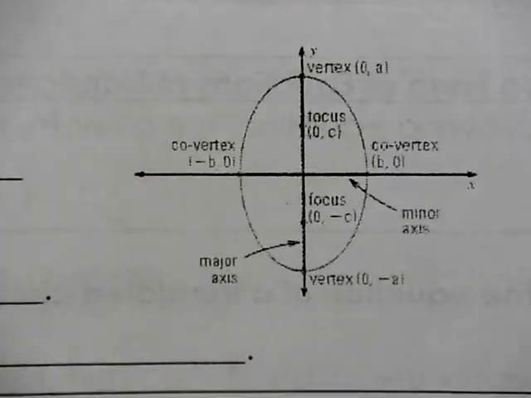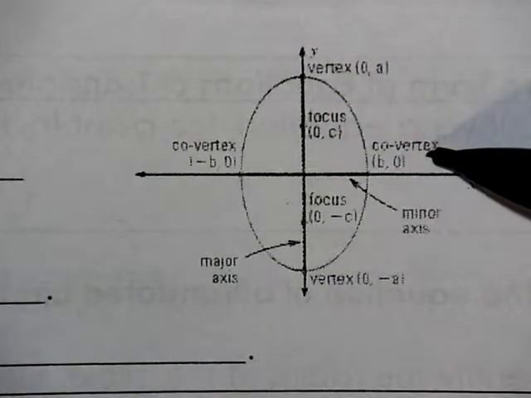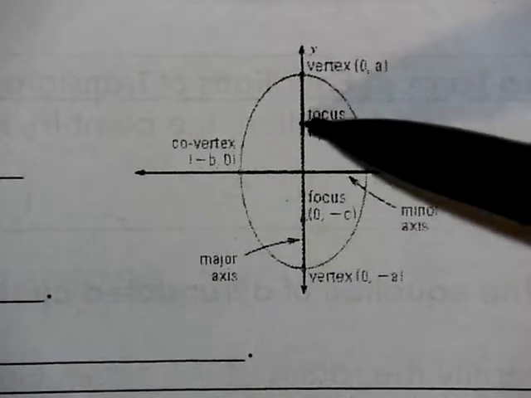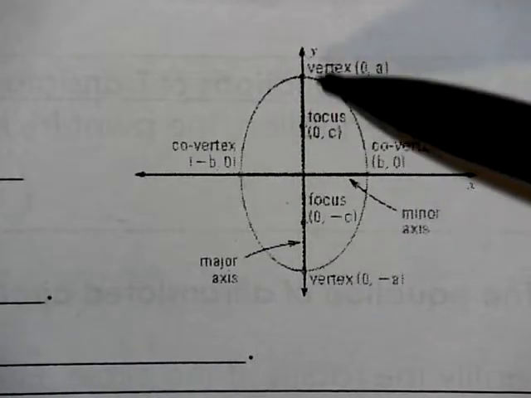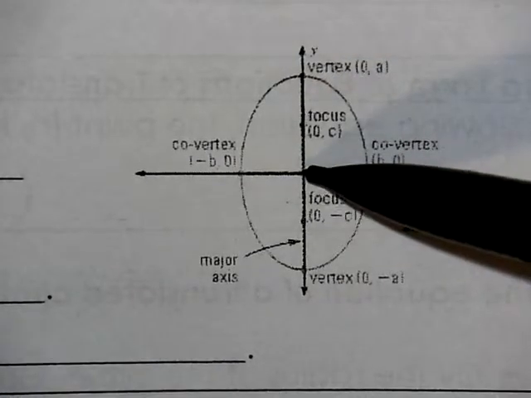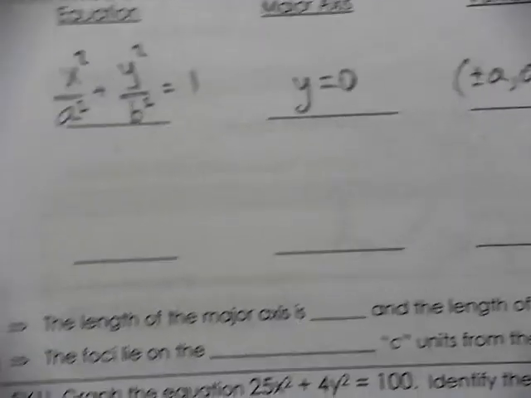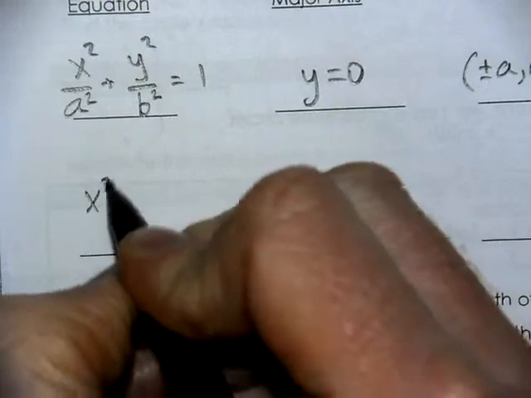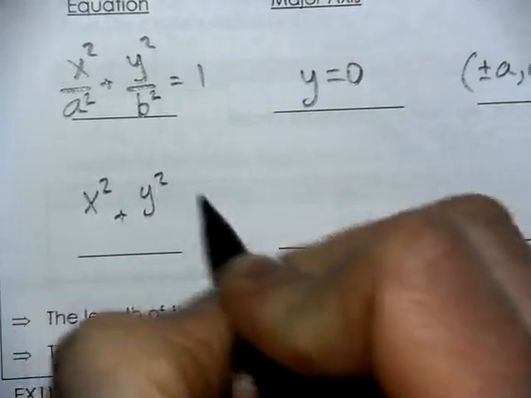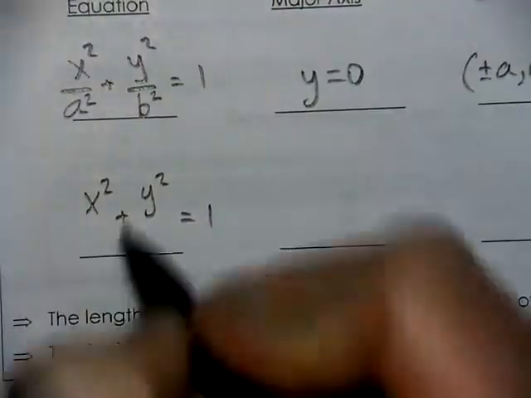Now, your ellipse could curve up and down. You still have an A value to get to your vertex, a B value to get to your co-vertex, a C value to get to your focus. It's just that your A value is following the y-axis. We still have an x squared and a y squared equals 1.